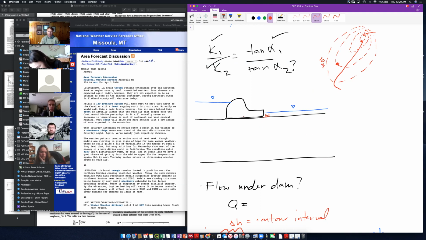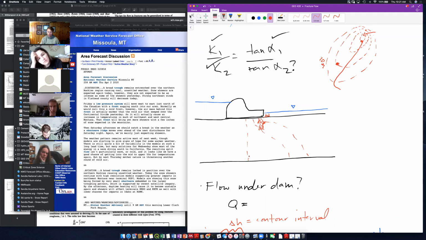You can tell me what the gradient in the head is by looking at the difference in the head contours. So this is DH and DL. The head contour gives me head, and the length between the contours gives me DL. So you get it from your flow net, which allows you to calculate the gradient in head at any point.